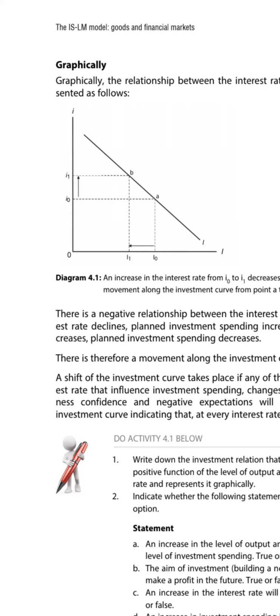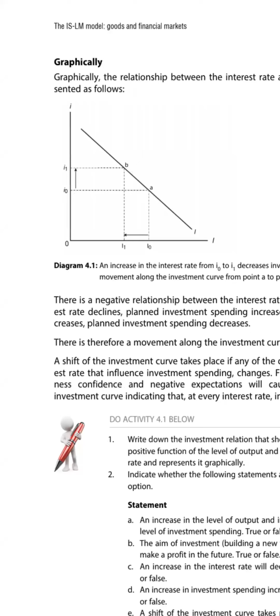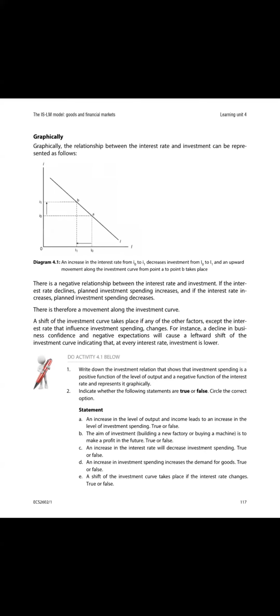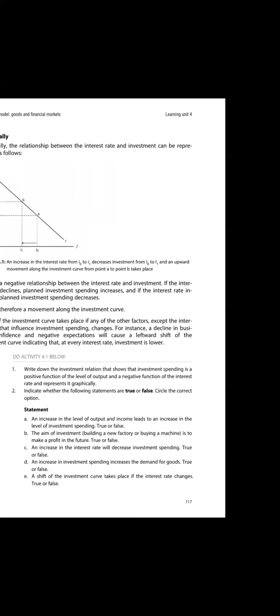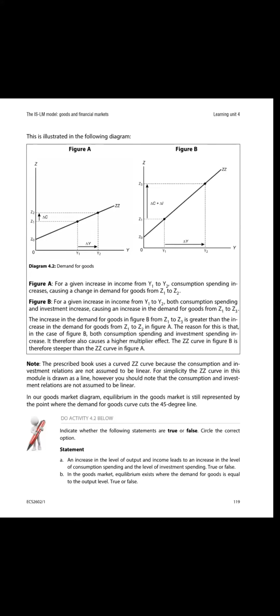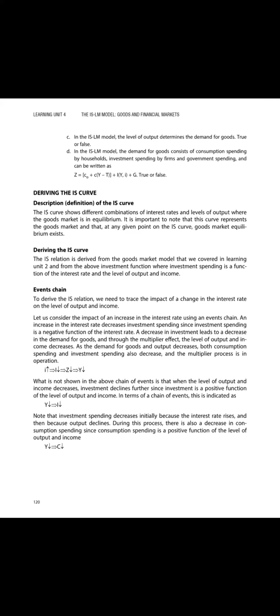Given that the relationship between your interest rates and your investment spending is negative, and that the relationship between investment spending and your income, which is your Y, is positive, you can pretty much deduce how this graph is going to look.